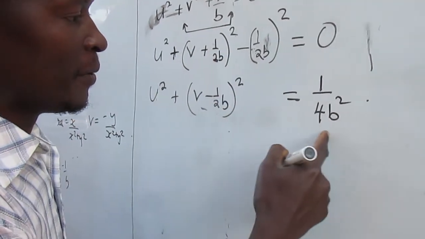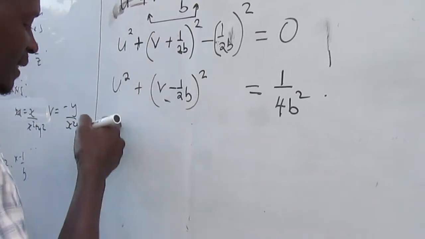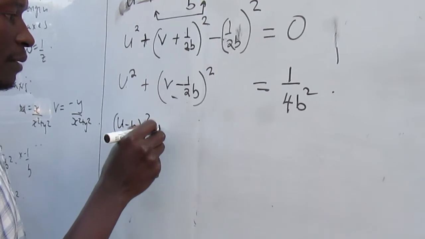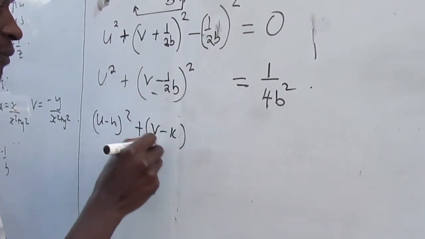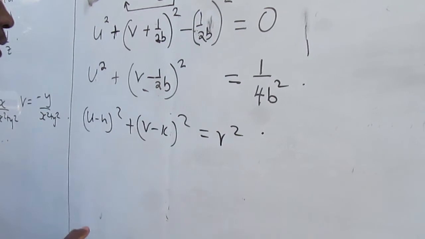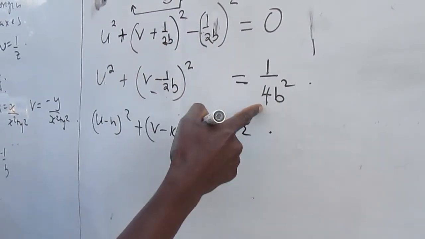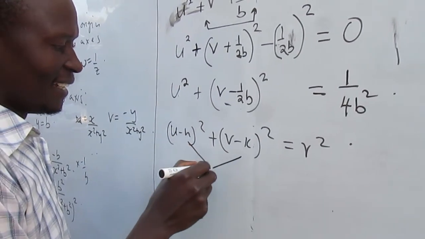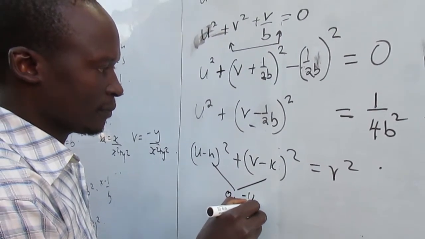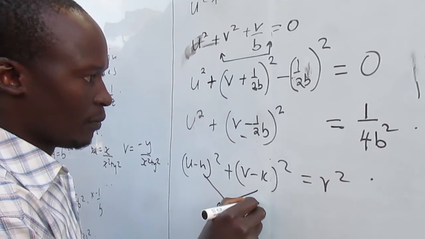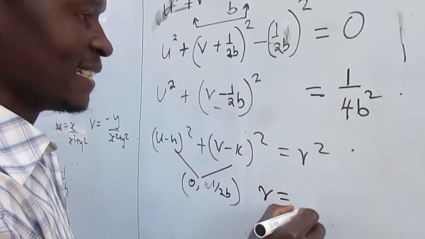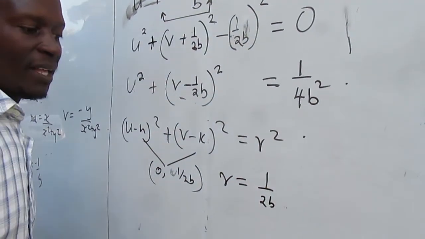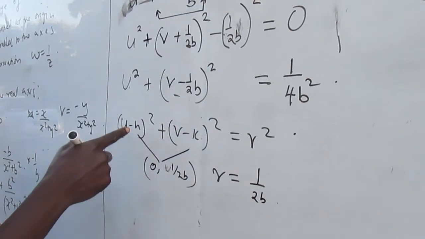And so if we compare this expression with the standard equation of a circle, we realize that this is a circle which is centered at 0, 1 over 2b, and whose radius is 1 over 2b.